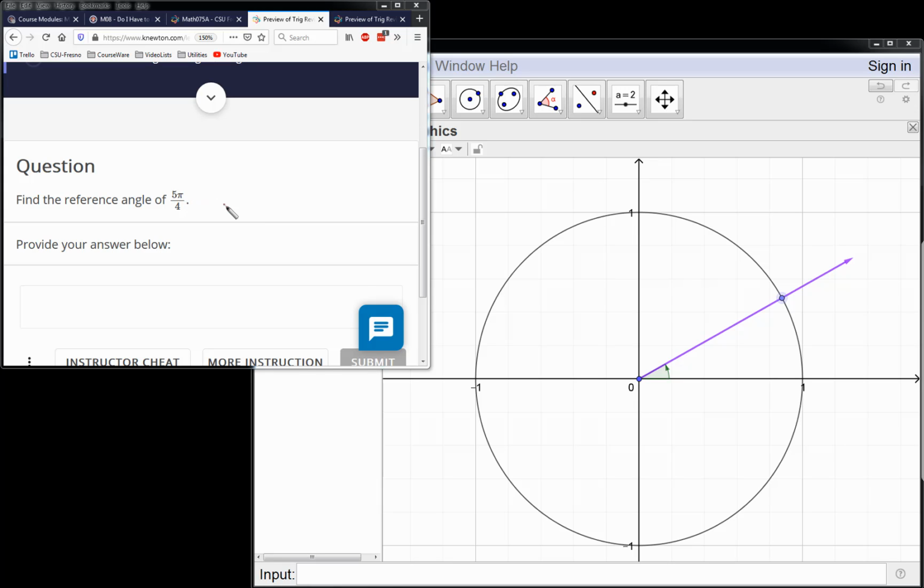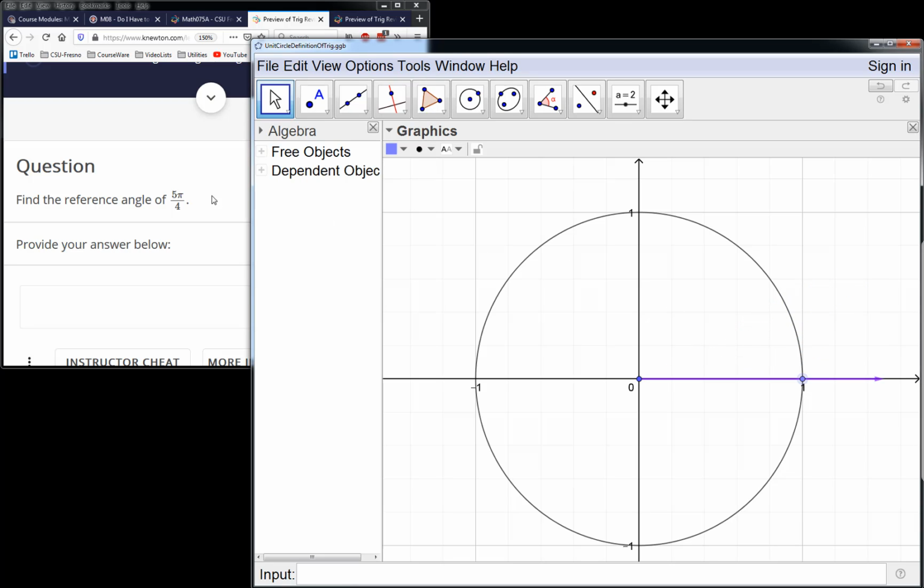This is good because this is in radians, and it's really important that you get good at thinking in terms of radians. I want to know what this angle 5 pi over 4 is going to look like.